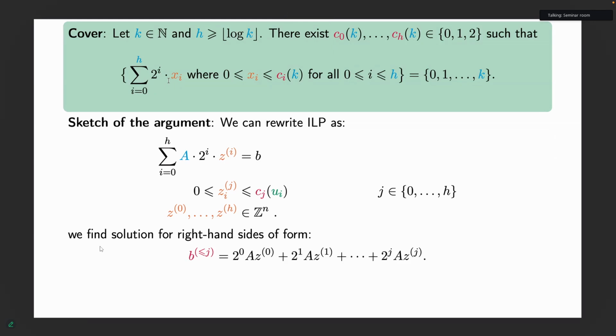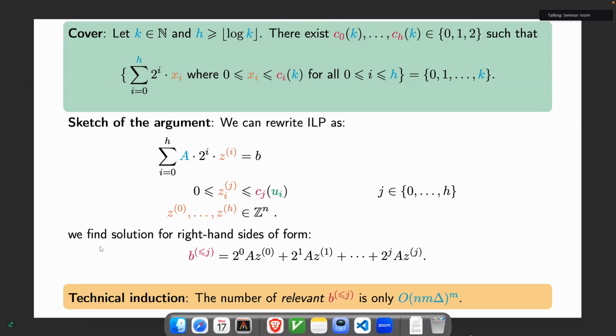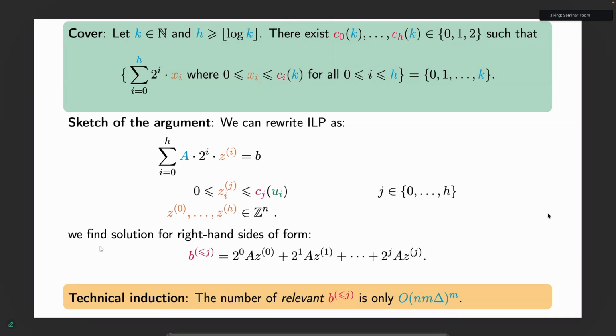And with some straightforward DP, you can solve ILP in n to the m time by doing this. It's not that interesting how to write this DP, but you can trust me that you can do this. And yeah, it's non-trivial to bound this.